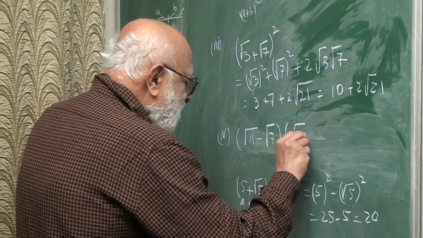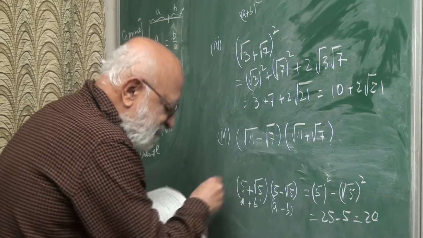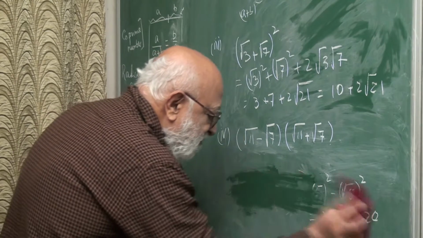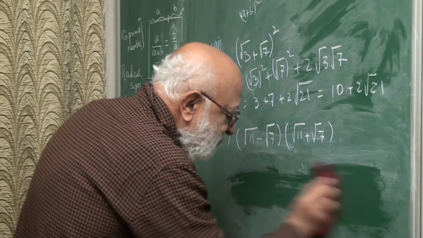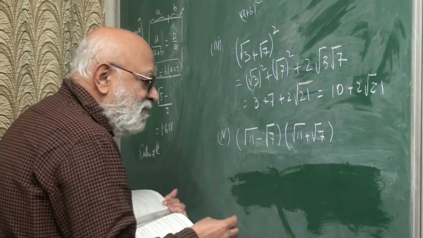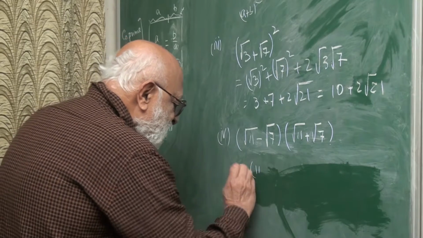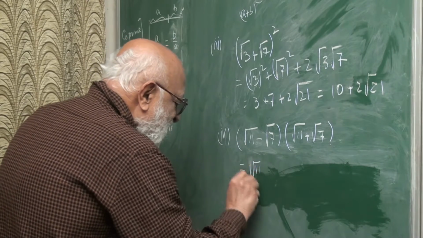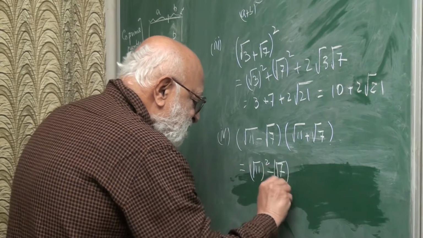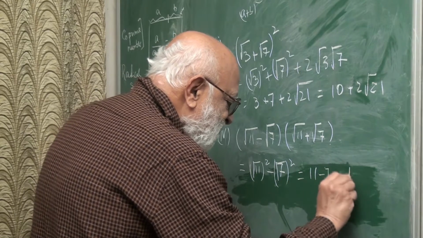So root 11 plus root 7 into root 11 minus root 7. Let me erase this part so there is no confusion. Again that will be root 11 square minus root 7 square, that is 11 minus 7, which is equal to 4.